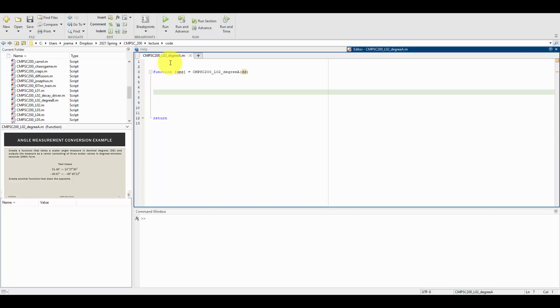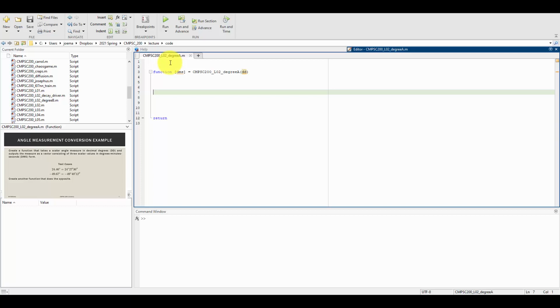Okay, so let's see what we are to do. We're going from the left side to the right side in the two test cases. So let's concentrate on the first one first. The 24.46 is going to become 24 degrees, 27 minutes, 36 seconds. But if we look at the bottom one, the negative 49.67, we have negative 49 degrees there.